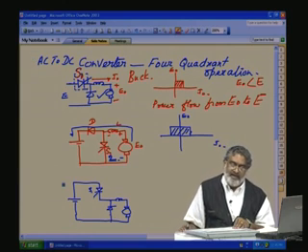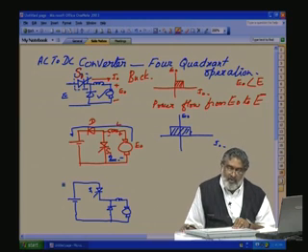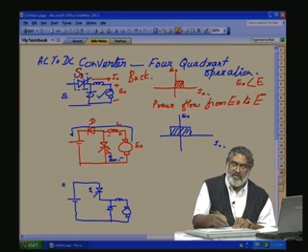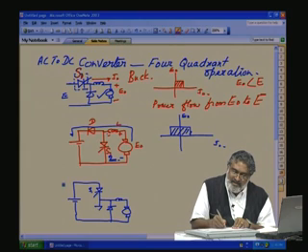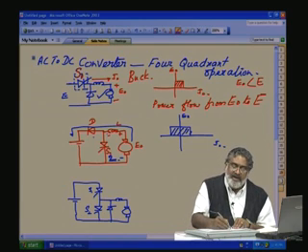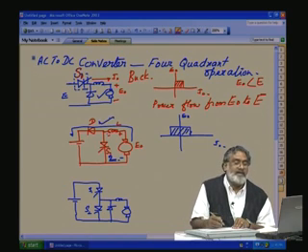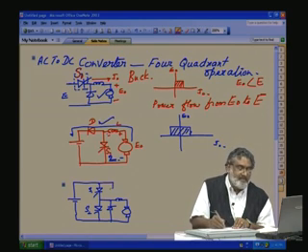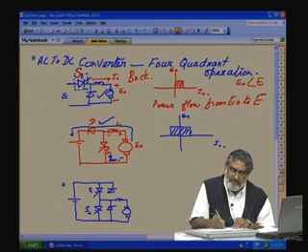Now, for boosting, S2 is connected between the inductance on this side and the load. Same way, we can use S2 here, and the diode will come here. This will be D2, this will be D1.